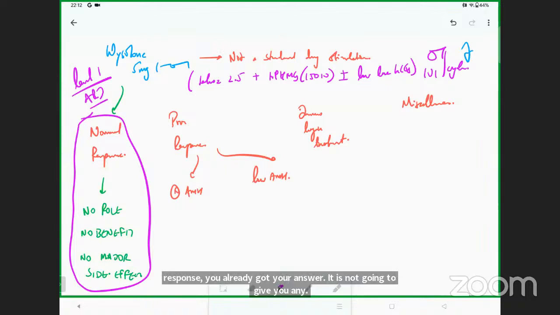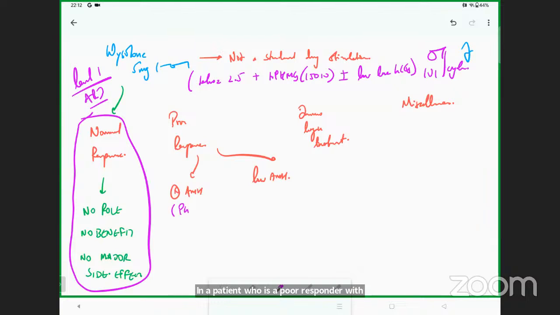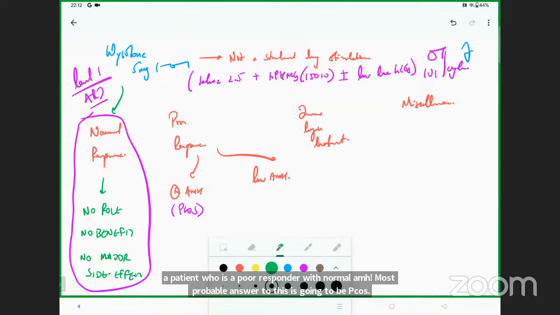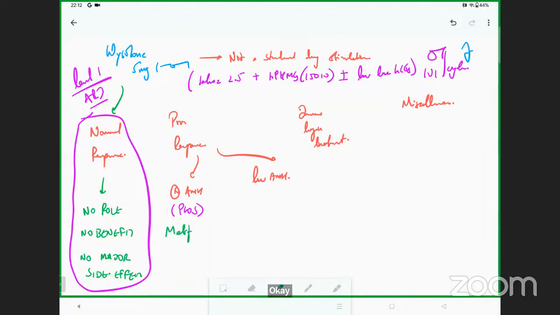In a patient who is a poor responder with normal AMH, most probable answer to this is going to be PCOS. And in PCOS, just remember this golden line. It may not be actually very golden, but still try to remember this line, that metformin is going to be much more beneficial than Wysolone. Addition of metformin is going to really help you in your stimulation response.